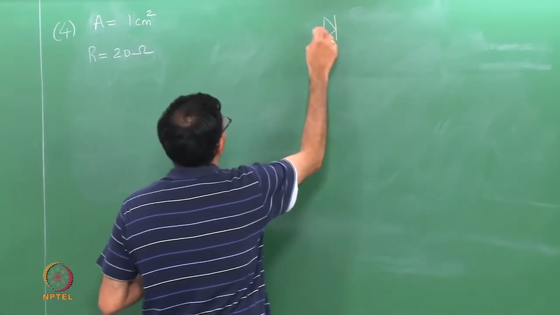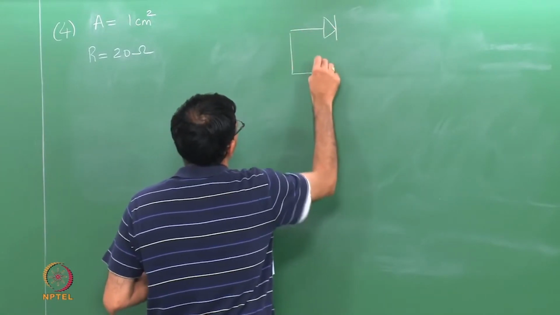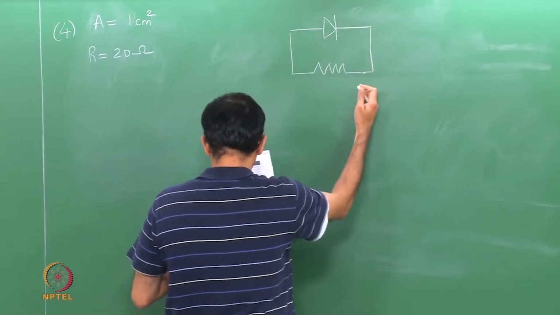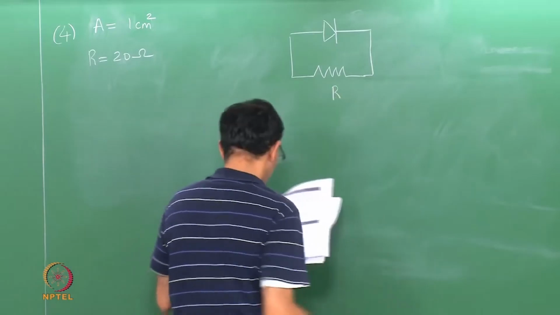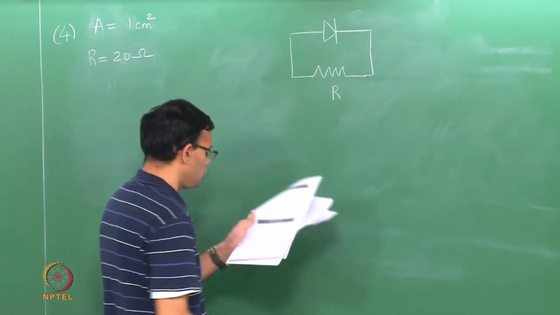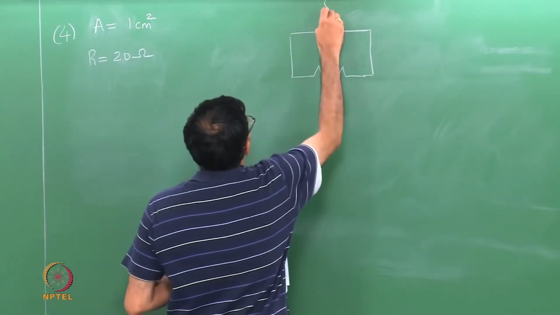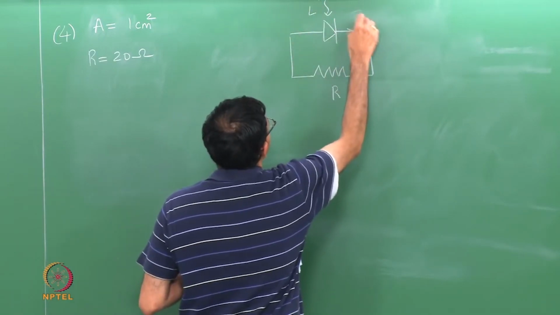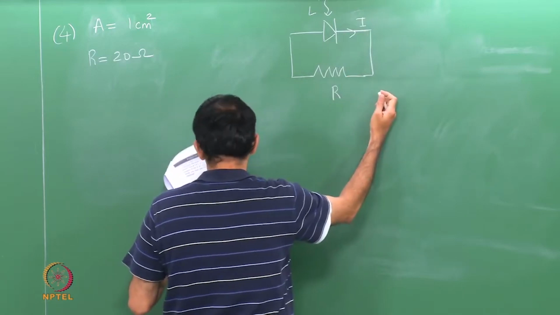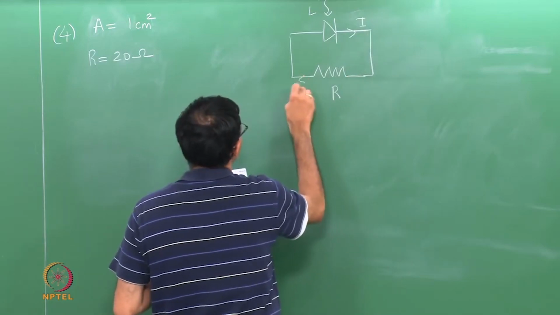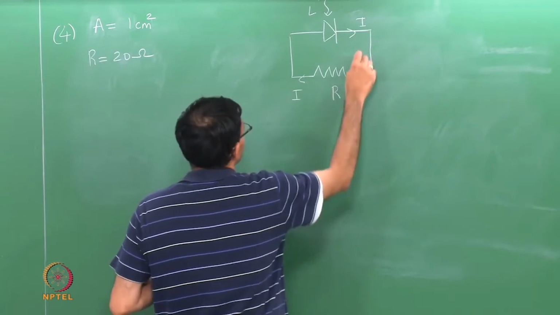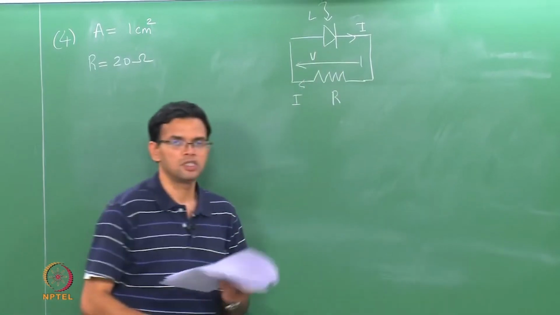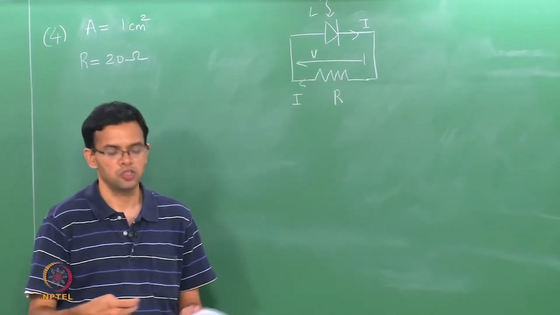So, you have the solar cell essentially connected to a resistor. So, R is the resistor. So, light falls on the solar cell. So, you have some light I which drives a current I. So, this in turn generates a voltage V that opposes the inbuilt voltage in the solar cell.